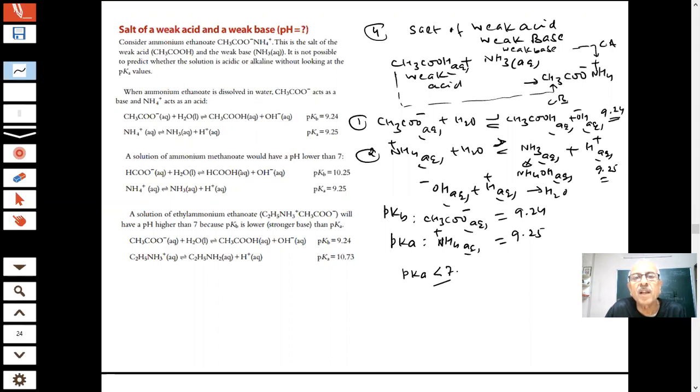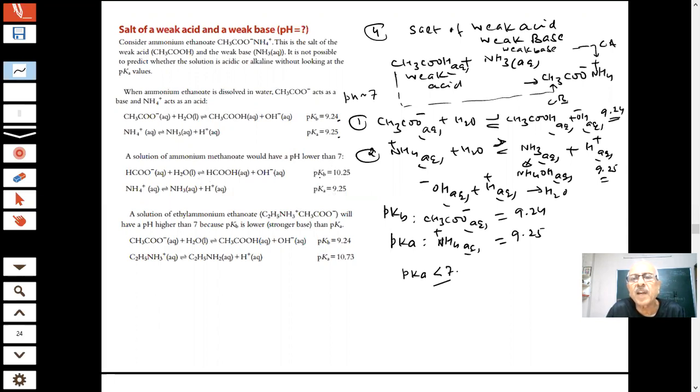If I take these two, this is pKb 10.25, pKa is 9.25. Here the values are very close to each other, so the pH will be almost neutral, almost 7. Only a very, very small difference. But if the difference is larger, then we will see something.